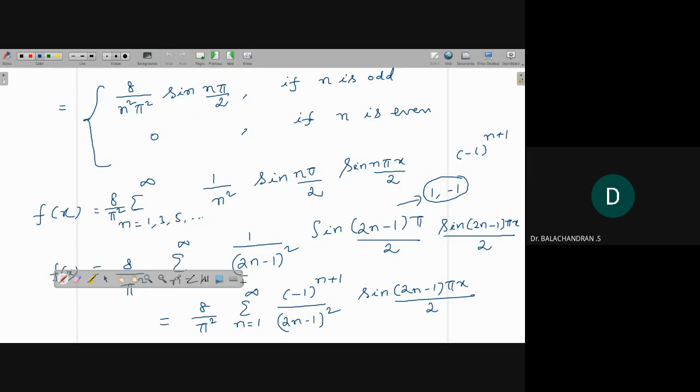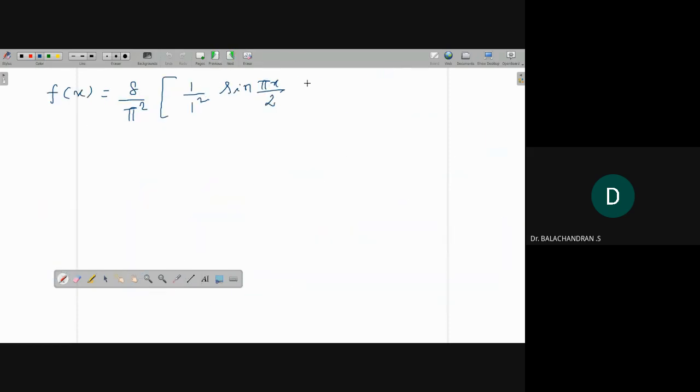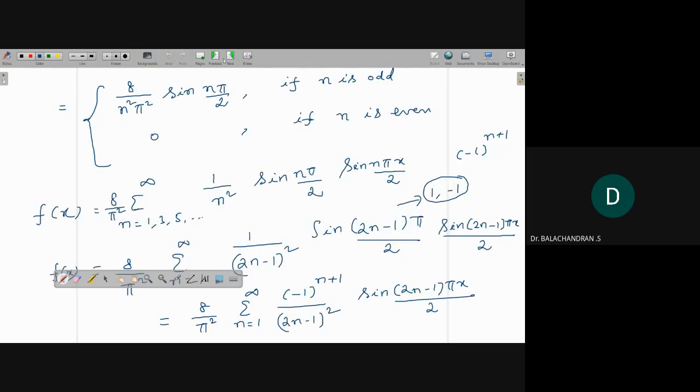Next, n equal to 2 means this is minus 1 by 3 square into sine 3 pi x by 2.